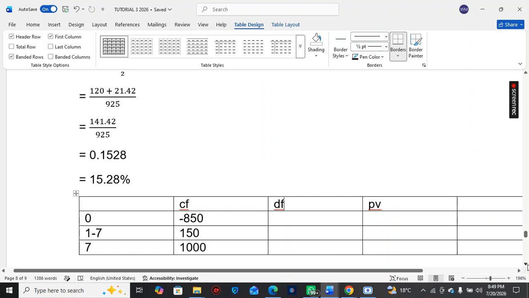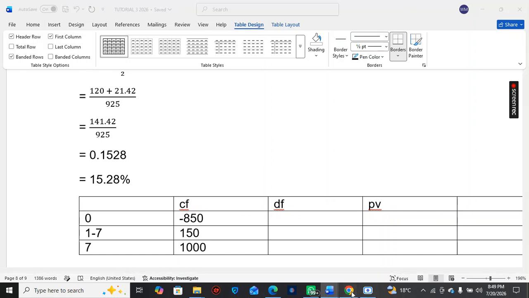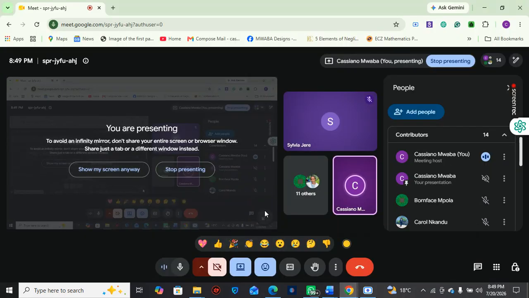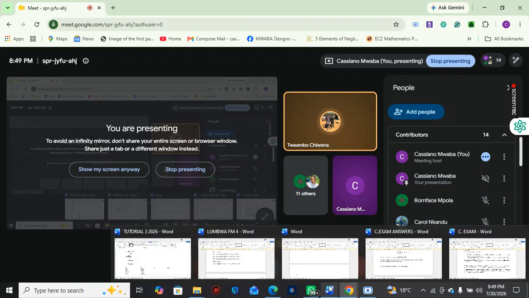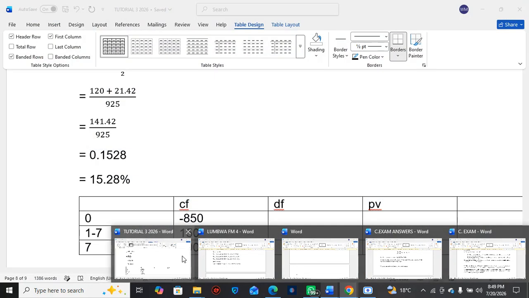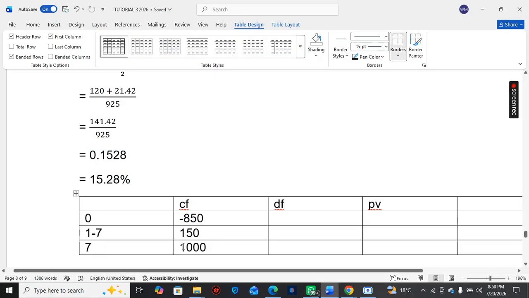Ooh, I think that one can take long in the exam, colleagues. Which one would you prefer to do in the exam? Using this formula or the internal rate of return? Yes, colleagues, our advice is that using the internal rate of return will take some time.